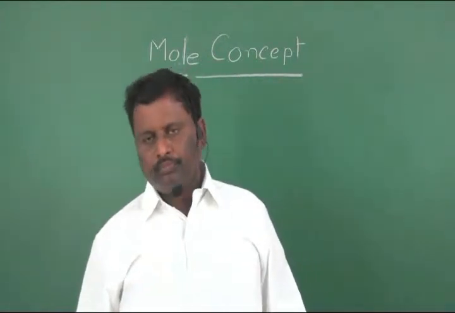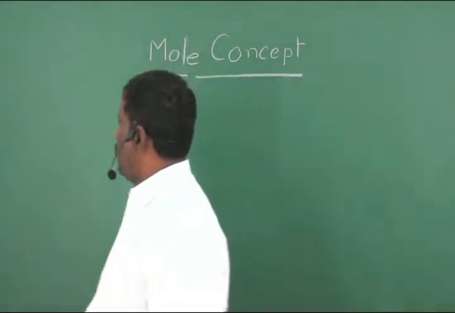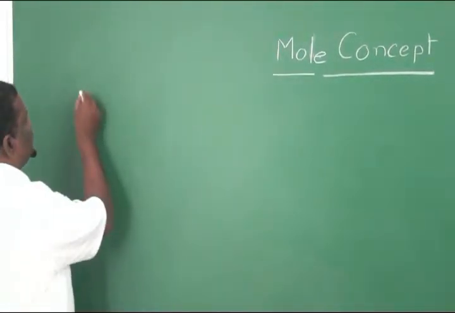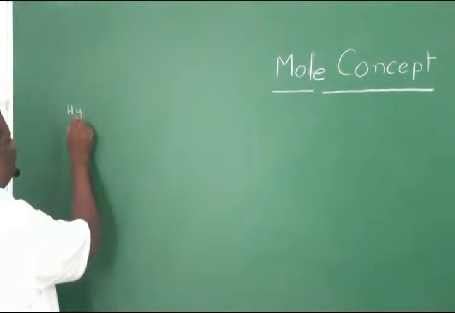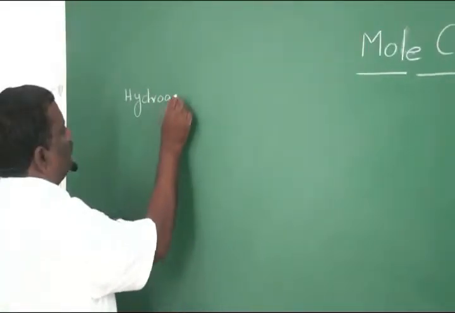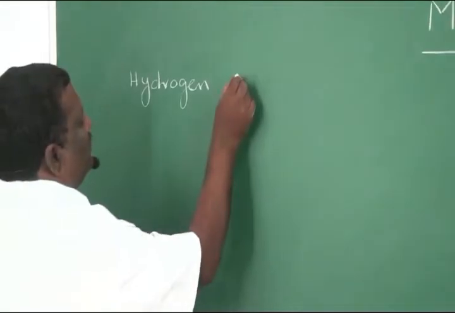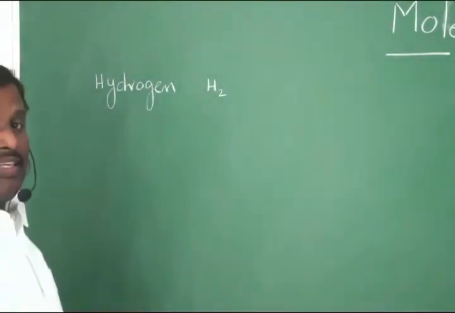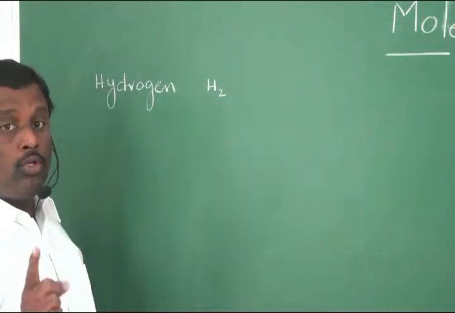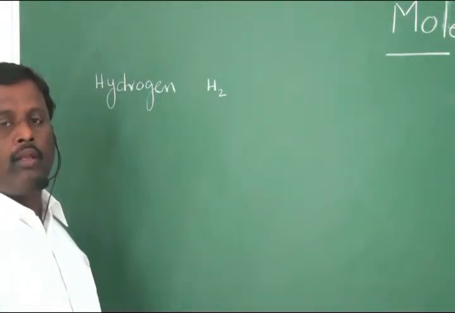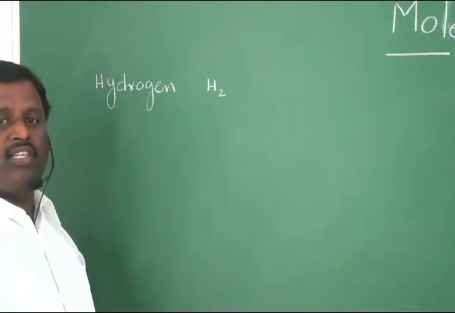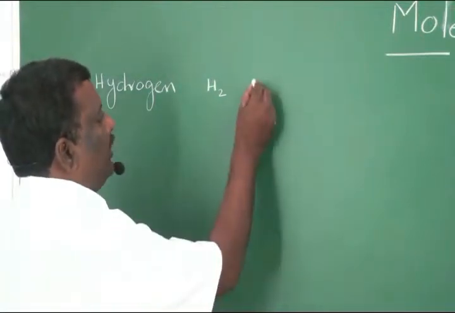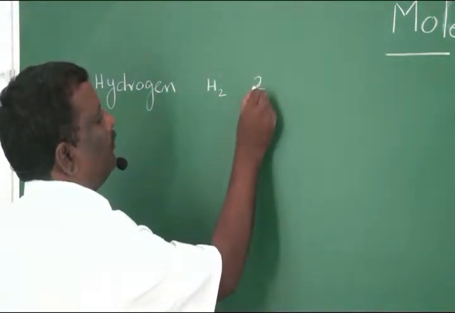For example, hydrogen exists as H2 molecules. This H2 molecule is 2 times heavier than 1/12 of C12 isotope or 1 AMU. So its molecular weight is said to be 2.